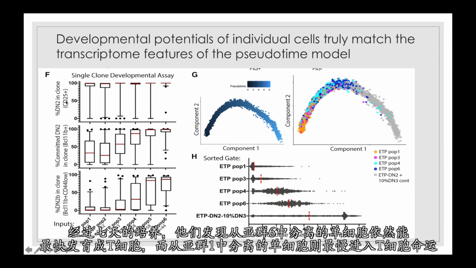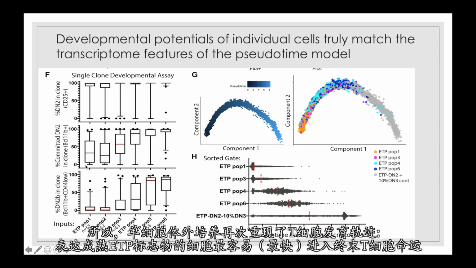After they cultured the cells for 7 days, they find still that the single cells isolated from population 6 go into the DN2 cell fate easily. But population 1 has the lowest speed to enter the end stage of the T cell lineage. So that means the cells have successfully recapitulated the pseudotime analysis. That is, the cells that express the markers of the mature ETP cell can enter the DN2B stage very easily.